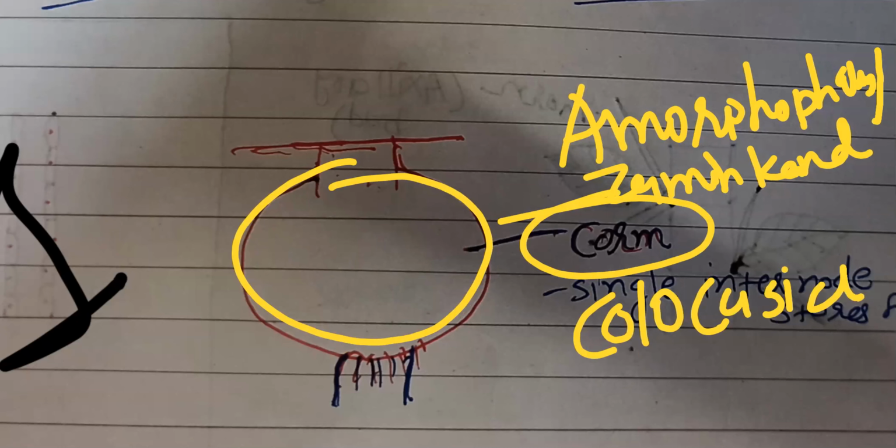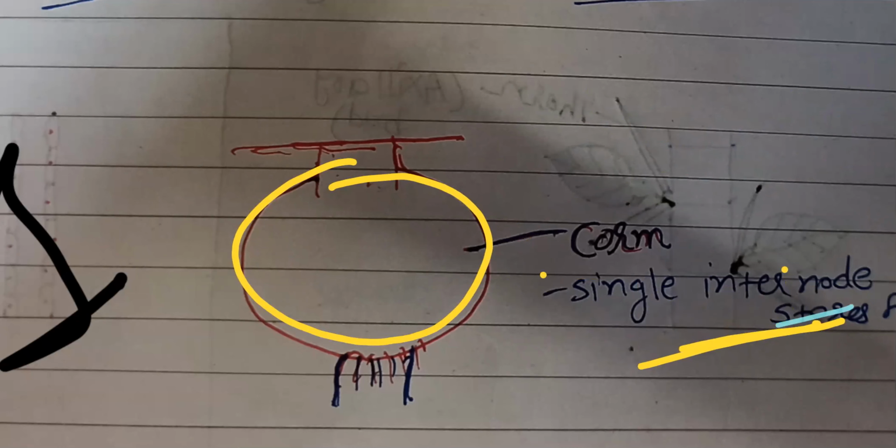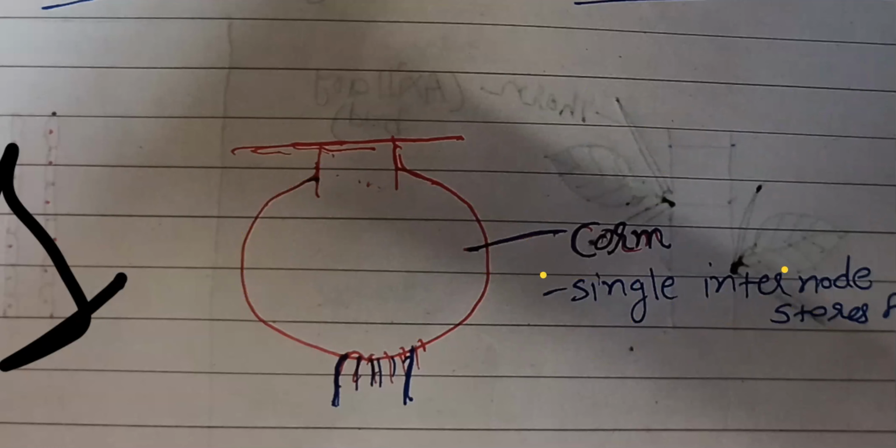Colocasia, you know, patarvel pan, in that also such a structure is formed. In that, leaves are the main edible part. But remember, in colocasia also, corm structure is formed. Clear? So these are some examples of storage of food in stem.